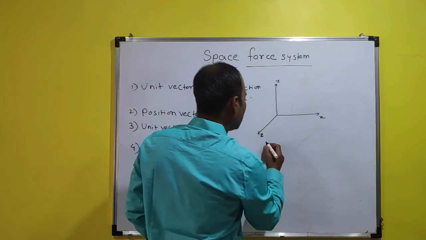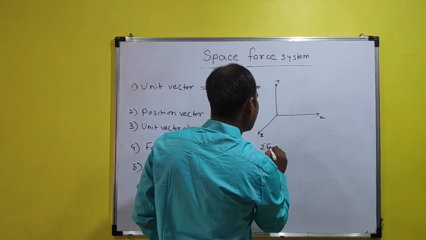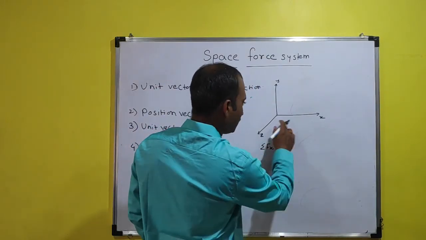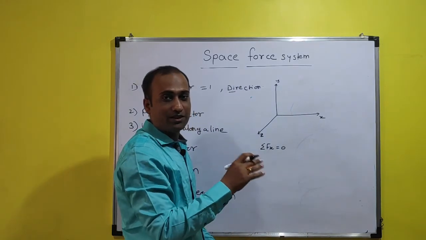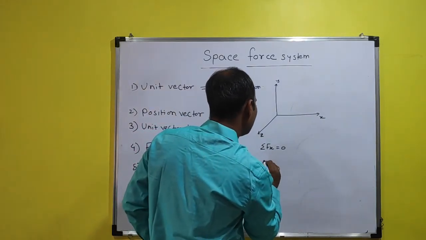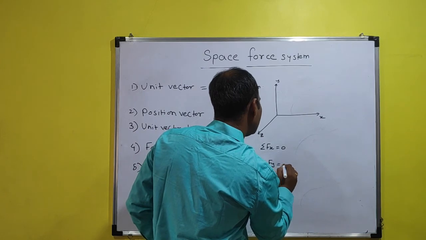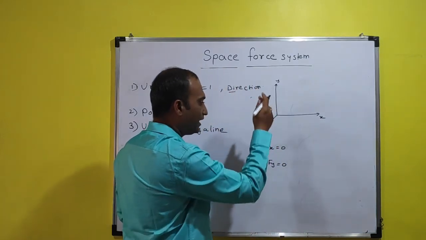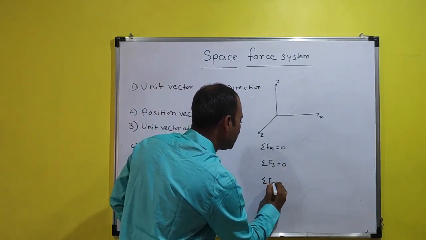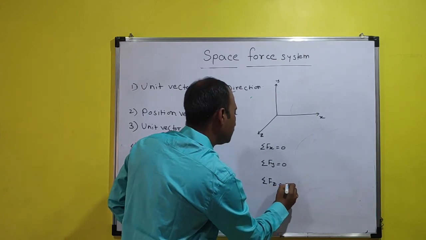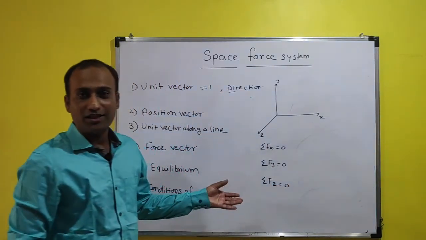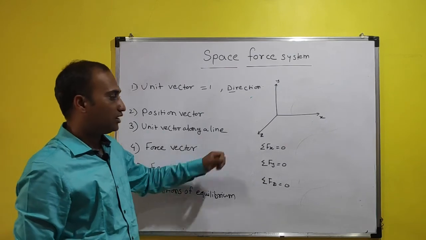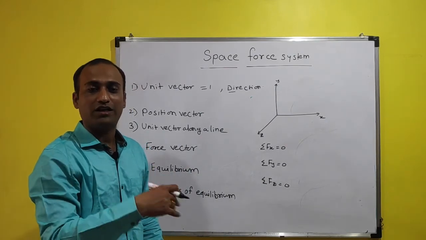So here the conditions of equilibrium are summation of Fx is equal to 0 along the x direction, summation of Fy is equal to 0 along the y direction, and summation of Fz is equal to 0.